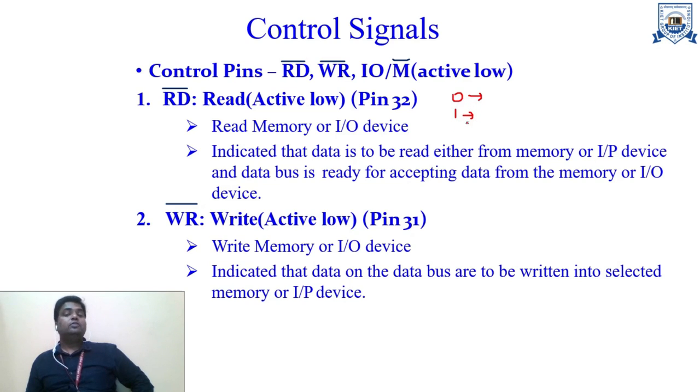But if only RD is available, that means it is an active high signal. That means when the value is high, it is active, and when the value is low, it is deactive. So whenever you have a complement for a particular signal, it is considered an active low signal.